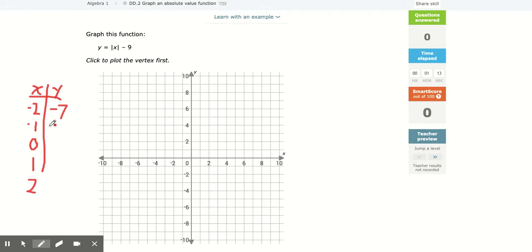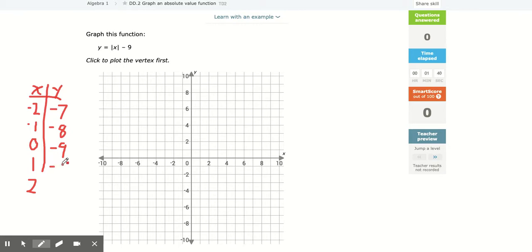I'll go back and graph them when I'm done with this. -1, absolute value is 1, minus 9 is -8. At 0, -9. 1, absolute value of 1 is 1, minus 9 is back to -8.